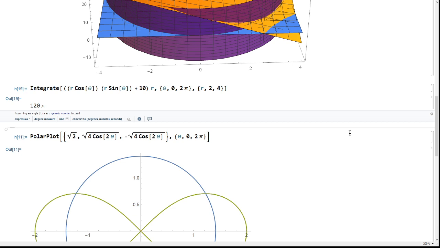So that means the volume of that shape is 120 pi. Again, setting up the integral is a lot more interesting than actually computing it. So that's the part I would worry about more, setting up the integral correctly.